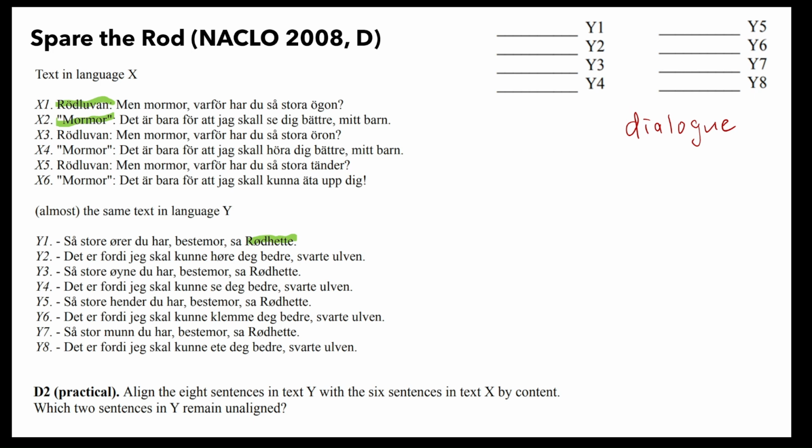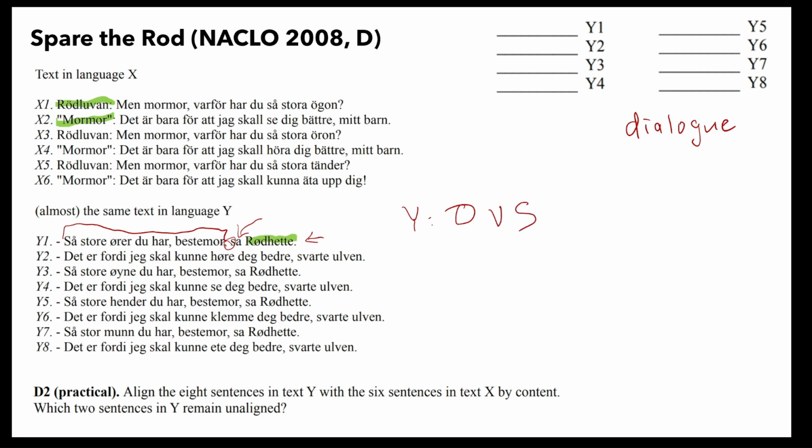And from this sentence, we can see that the basic structure of language Y is what the character is saying over here, then a comma, and then what I'm assuming is a verb that means said, and then the name of the character or the noun, right? So that would likely mean that language Y is structured object, verb, subject, right?